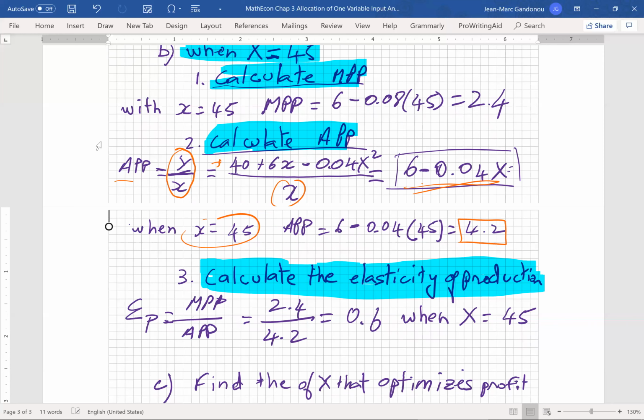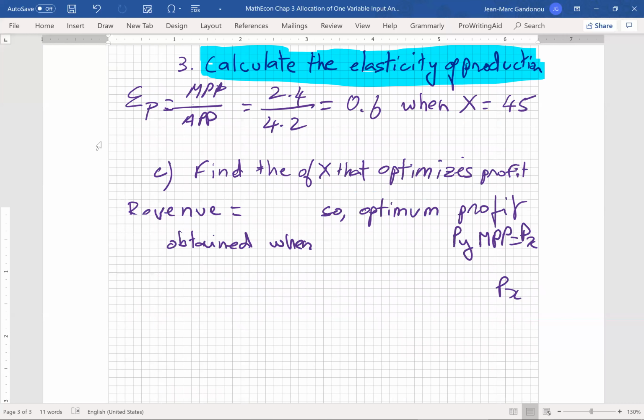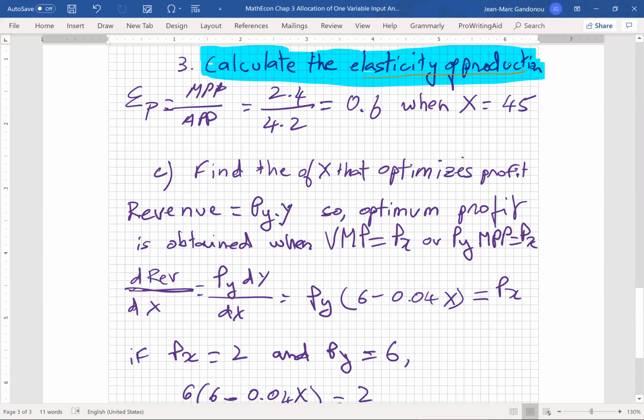Next we are asked what is the elasticity of production. We have a formula: the elasticity of production is marginal physical product divided by average physical product. Since we have those values, we know that when x equals 45, our average physical product is this, and our marginal physical product is that.